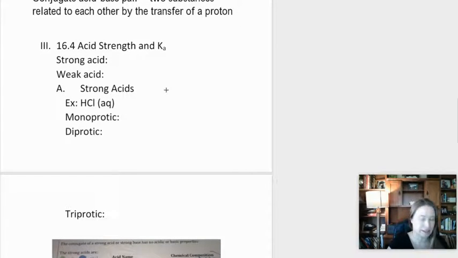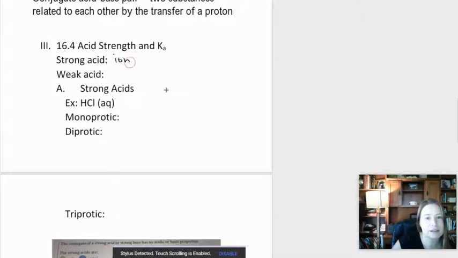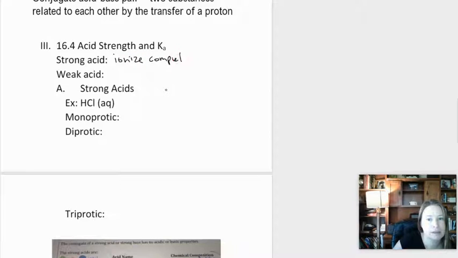So first of all, the definition of a strong acid is that it ionizes completely. Let's do just a generic acid, HA, where A can be any negative ion.